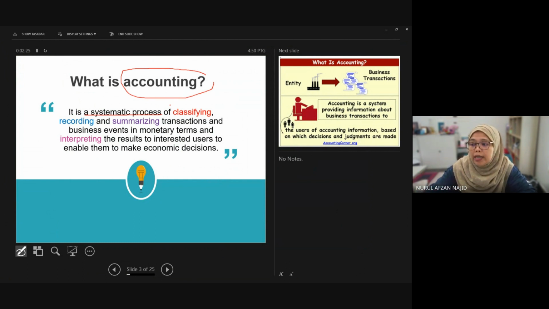The steps involved in accounting are first classifying, then recording, and last summarizing all the transactions that happened in the business event.